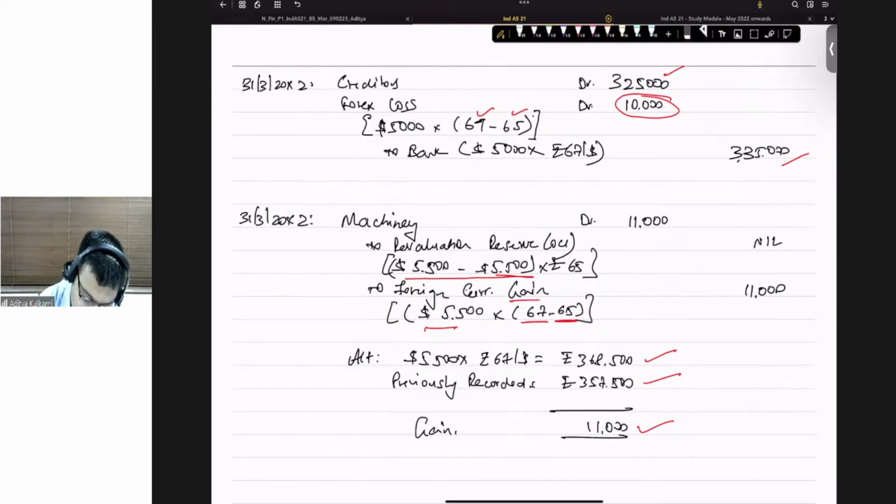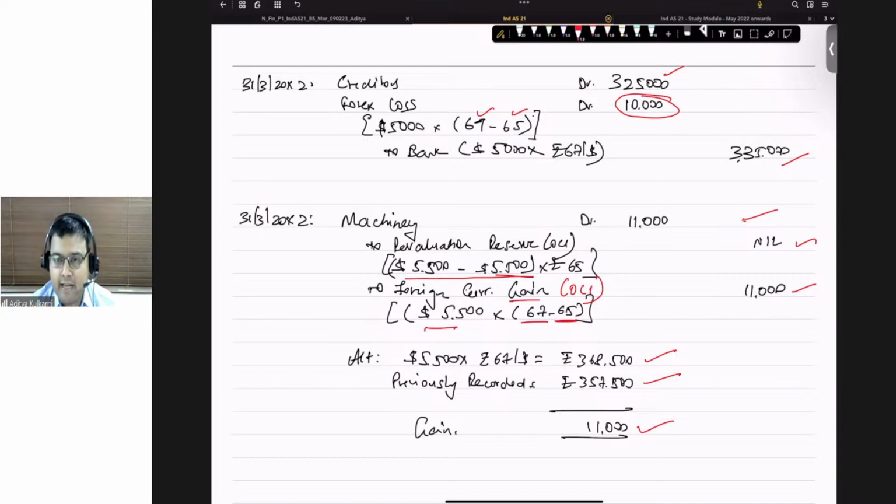Ultimately, this 11,000 very much goes into your revaluation reserve only. It ultimately goes to your other comprehensive income because the gain that had happened is also recorded in revaluation reserve. It is due to revaluation reserve. See, it's not crediting foreign currency gain.